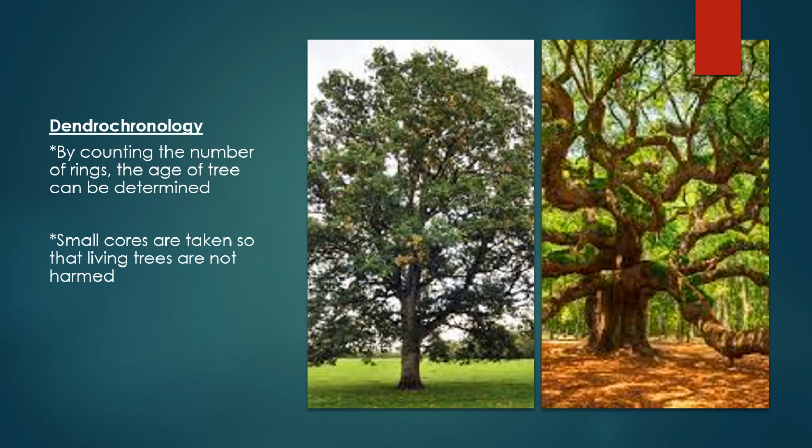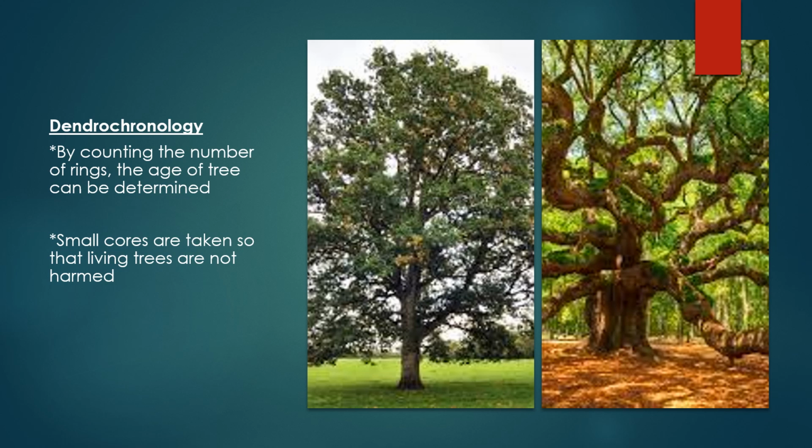That wouldn't make sense, right? So what is done is you drill a core and take out a core sample from that tree. These small cores can be taken out without harming the life of that tree.